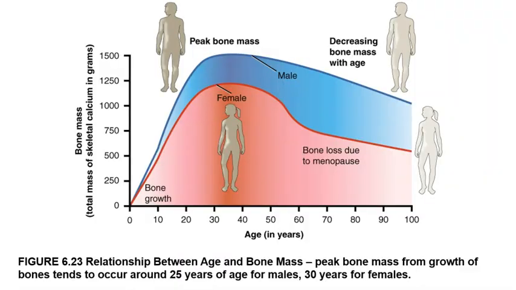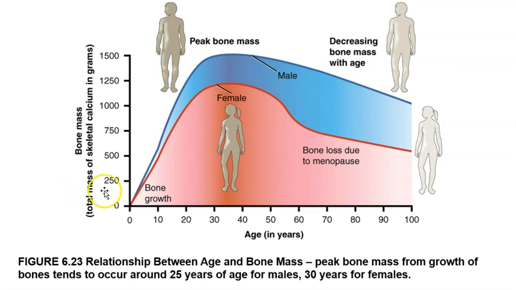So in this diagram here, this is figure 6.23 from the OpenStax textbook. What we see on the graph here is that we have bone mass, which is the amount of calcium in the skeleton in grams, and our age in years plotted on the horizontal axis, with bone mass plotted on the vertical axis here.